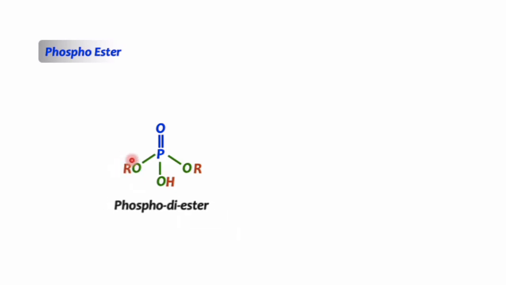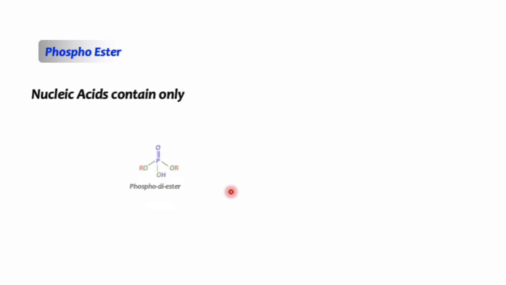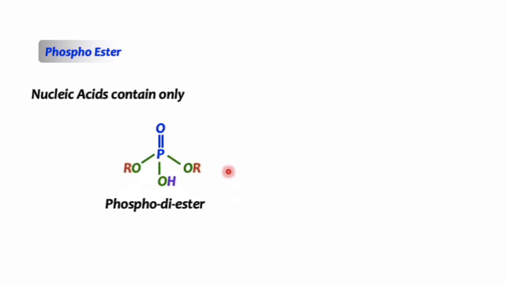If you replace 2 of them, it will become a diester. If you replace 3 of them, it will become a triester. Now, in this, if you observe, nucleic acids contain only diester. Most of the time, all the nucleic acids will contain phosphodiesters.